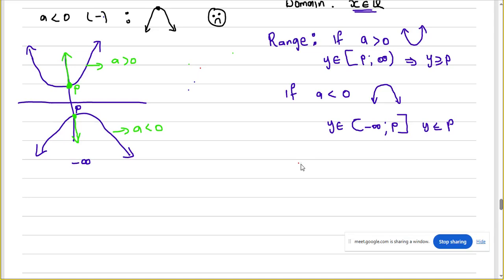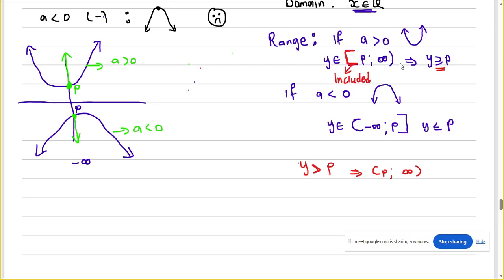If I say y is greater than P, the answer will be like this, from P all the way to infinity. So the difference is greater than or equal to. This one is greater than or equal to, meaning that P is part of the solution. P is included. So this one means included.